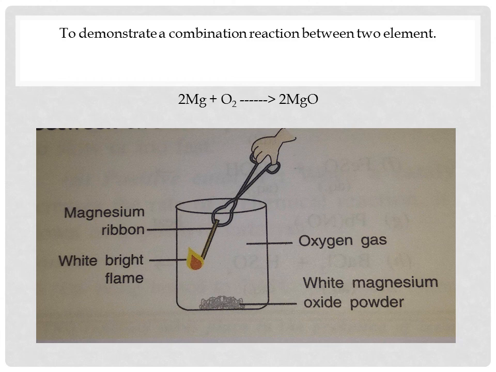The product formed is white powder of magnesium oxide. And the reaction can be written as 2Mg plus O2 gives 2MgO. Here it illustrates a combination reaction between two elements, namely magnesium and oxygen, and forms the product magnesium oxide.